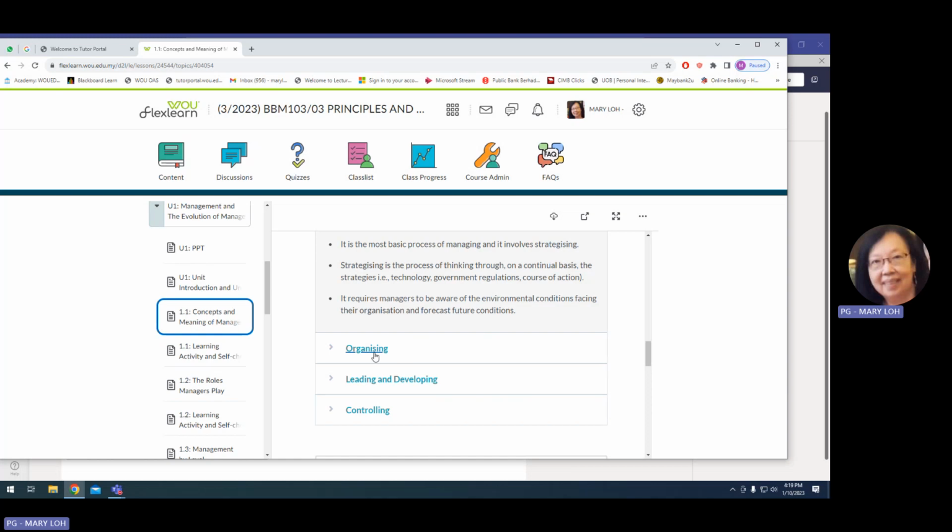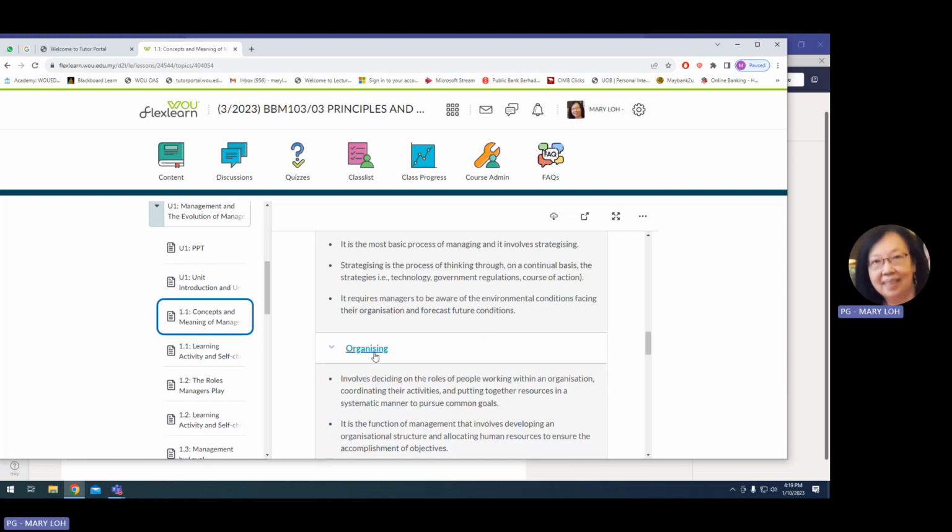If you look at organizing, what is it relating to? Organizing involves deciding on the roles that people play within an organization. In other words, when you are organizing as a manager, you are supposed to allocate duties and responsibilities to different members of your department, to your employees.